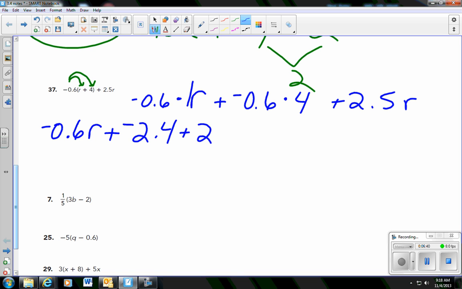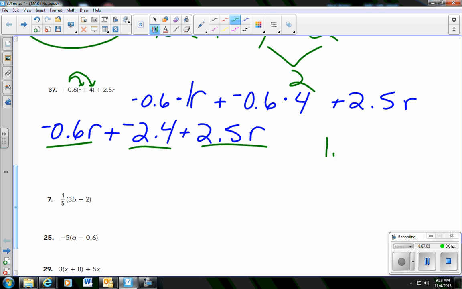And then plus 2.5r is still there. So then we look for our like terms. We have 3 terms here. 1, 2, 3. Our like terms are the negative 0.6r and the 2.5r. So you can type that in your calculator. Negative 0.6 plus 2.5, and we'll get positive 1.9.